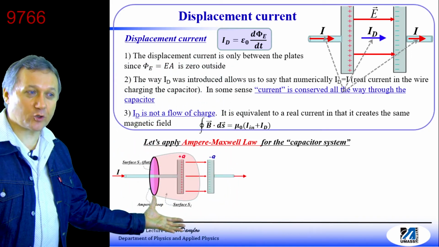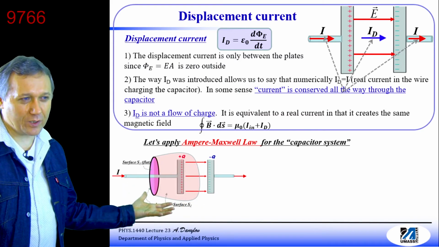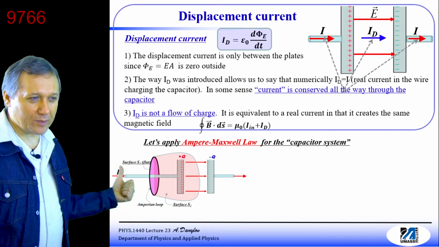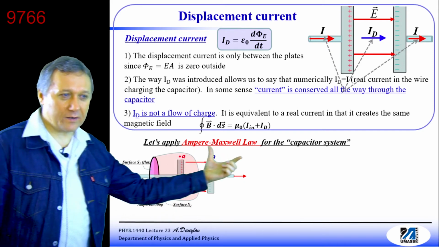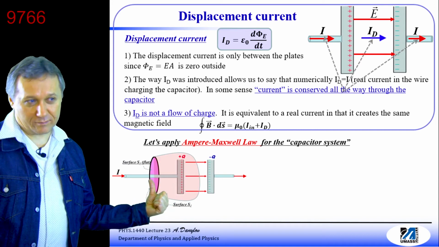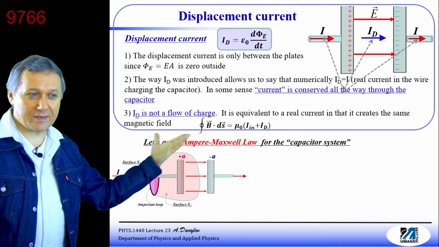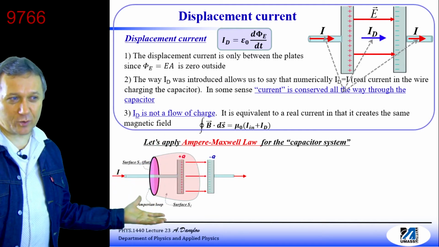Here, the picture I just copied and pasted and made smaller. It's exactly the same picture which we saw 3 slides ago. You remember there's the current I charging the capacitor, and two surfaces: S1, which gave us enclosed current I, and surface S2, which gave us enclosed current 0.